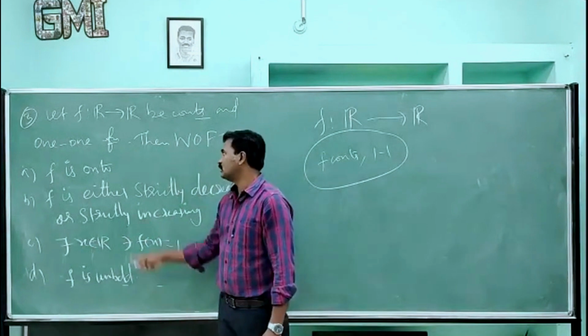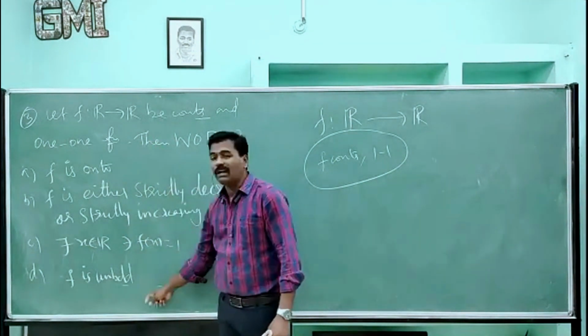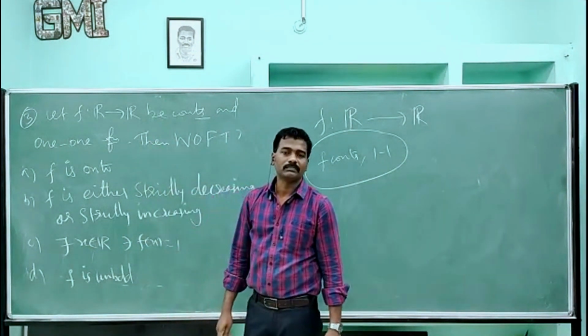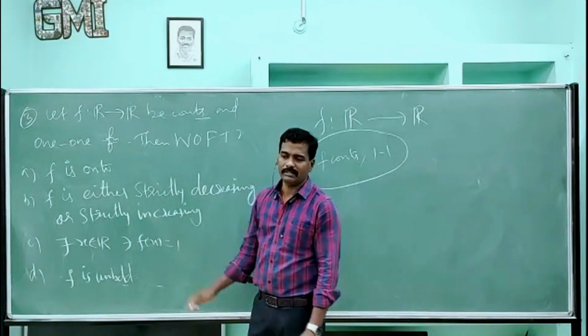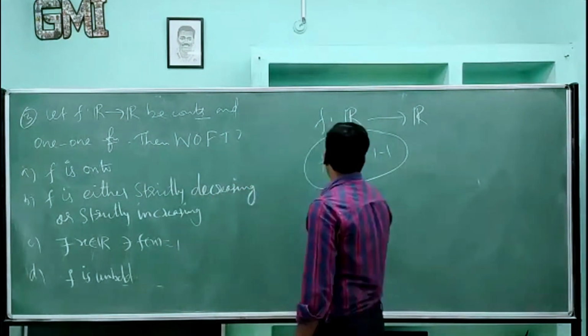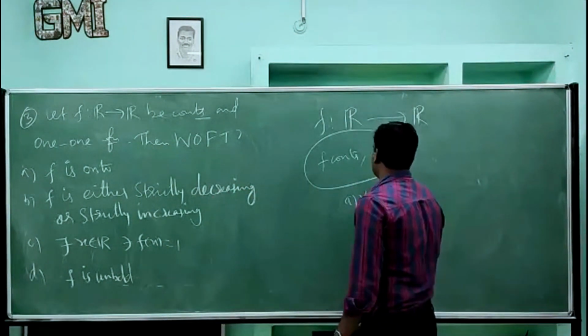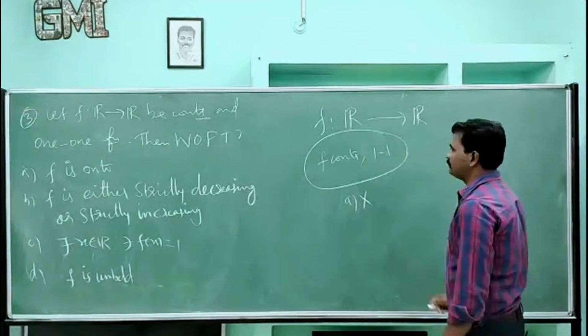The last: a continuous 1-1 function is always unbounded. That is the question.